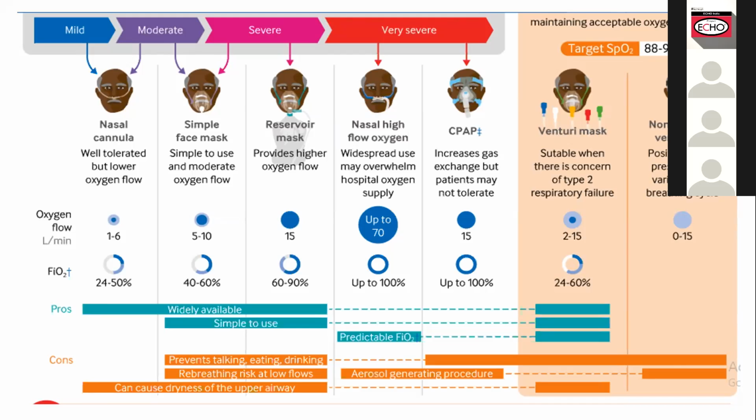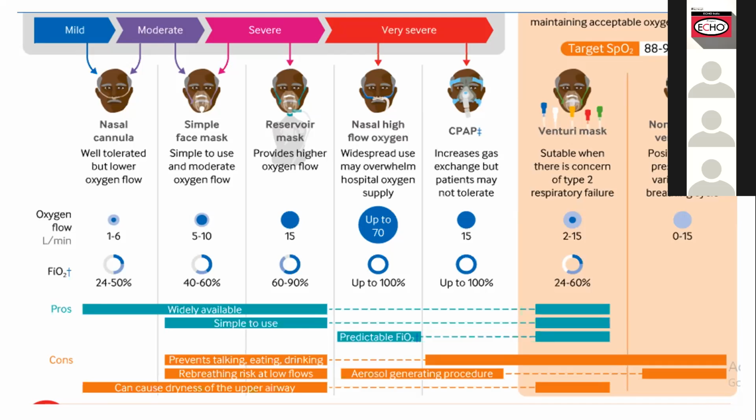There are advantages of the nasal cannula compared to a mask with a reservoir. They are widely available in many health facilities, and they are simple to use. Some of the disadvantages are that the masks prevent the patients from eating and drinking, so there are multiple interruptions if you are going to feed, compared to the nasal cannula.